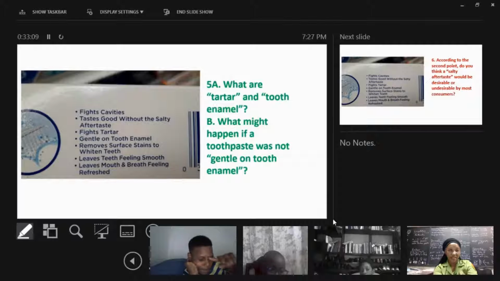Sensitivity at first, and then great pain when cavities start setting in. So it is important that your toothpaste be gentle. You don't want something too harsh. As much as you want it to clean, you don't want it to be harsh. You want it to be gentle and effective at the same time.